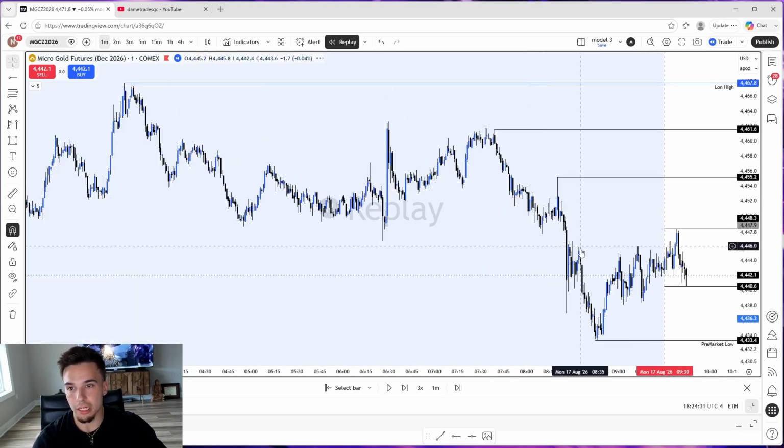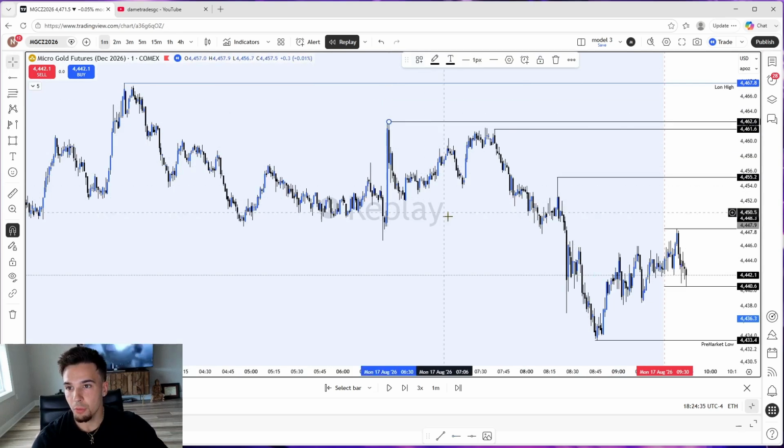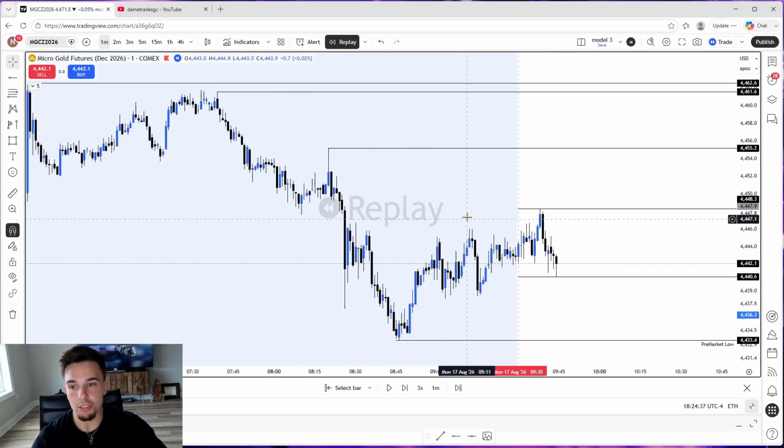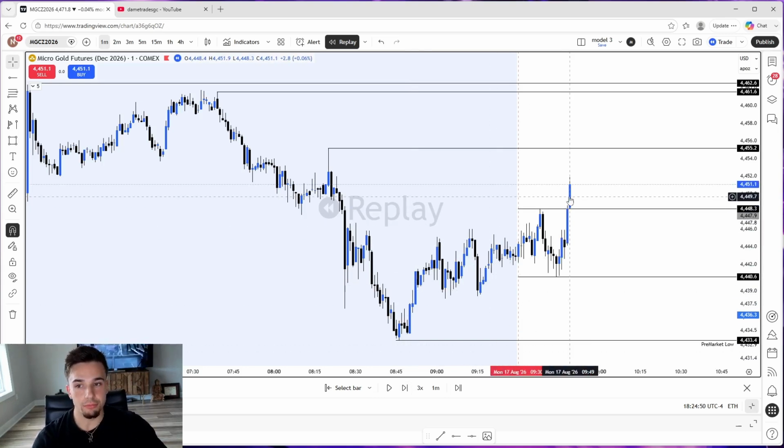Now that we have all of our highs and lows marked out, we are just going to wait for price to make a breakout, and we are going to execute on the breakout, guys. We're staying very patient. Nothing has been broken yet. Now we see a breakout.